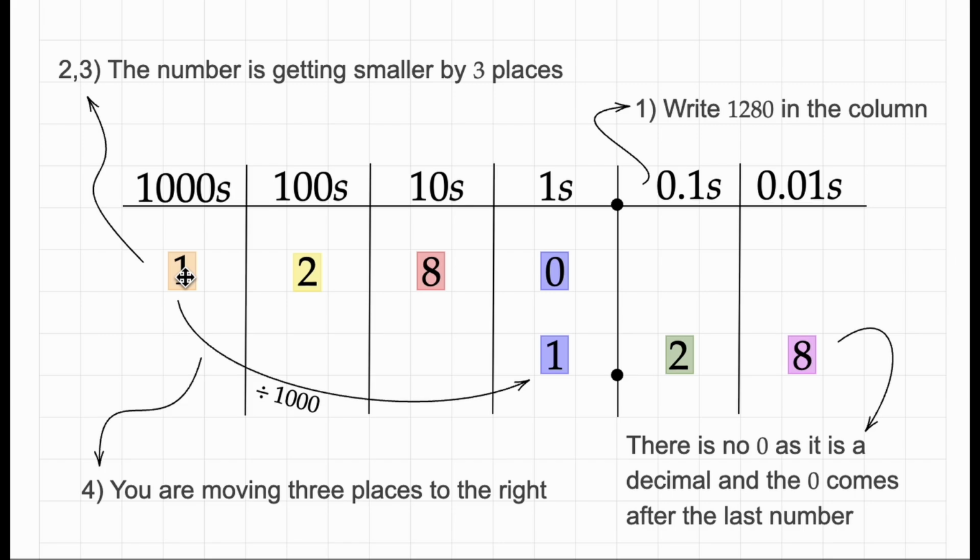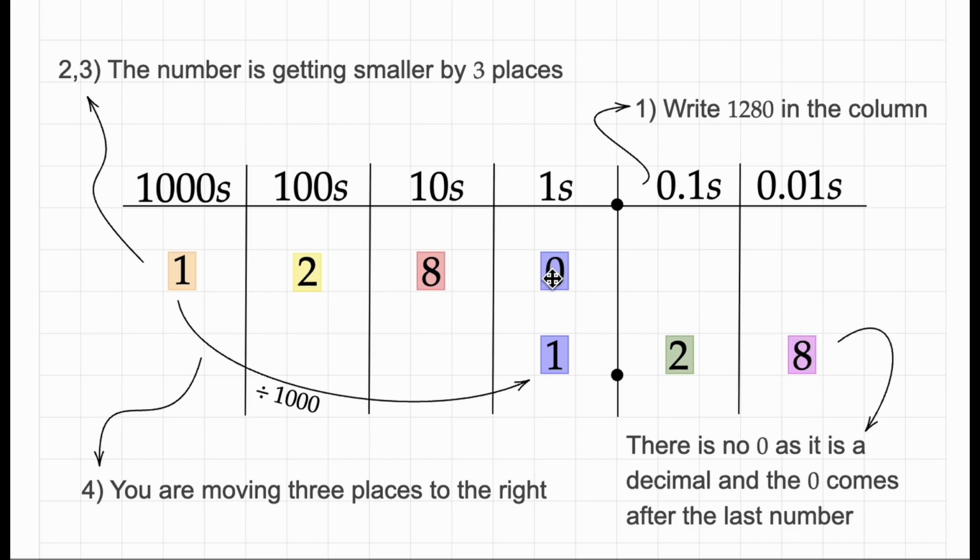This is a division sum, so it's getting smaller, and we're dividing by 1,000, so we're getting smaller by 3 places. So in essence, you're moving 3 places to the right. So the 1 goes from the thousands to the ones. The 2 goes from the hundreds to the tenths, and the 8 goes from the tens to the hundredths.